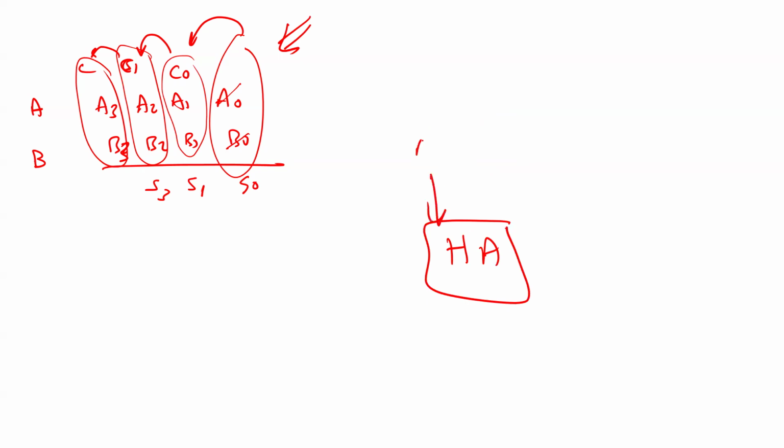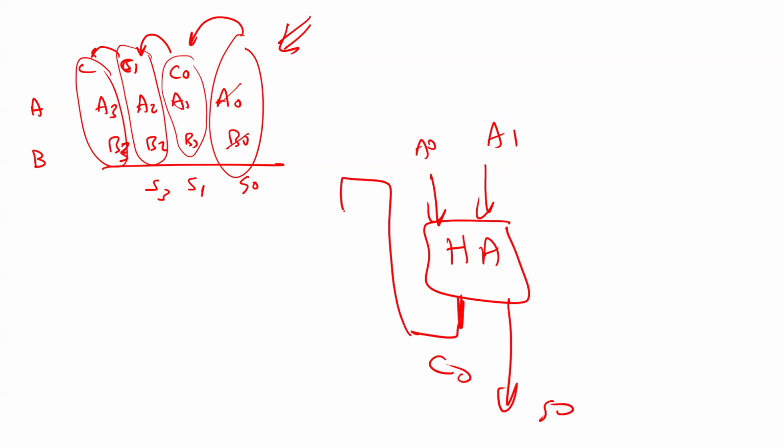I'm gonna input here A0 and B0, and then I'm gonna get S0, and the carry should be input to the next phase, a full adder. So I can use a half adder in the first one, but here I'm going to use a full adder. Okay, and for this full adder, the output summation is here, and the carry has to go to the next one here. Okay, so here I'm going to use a full adder.